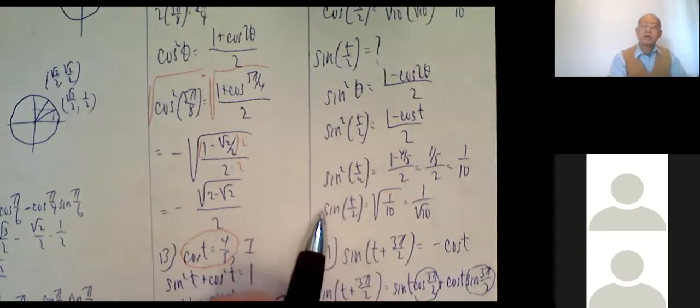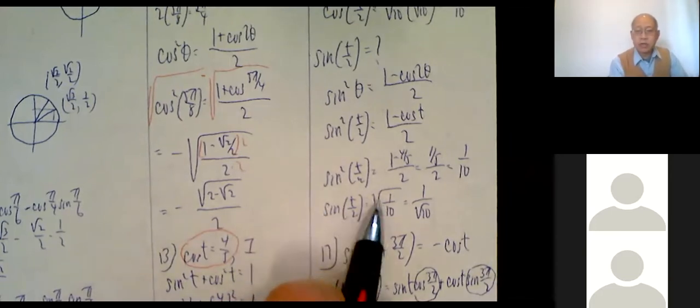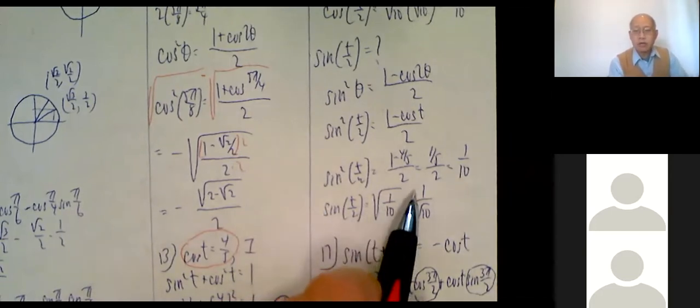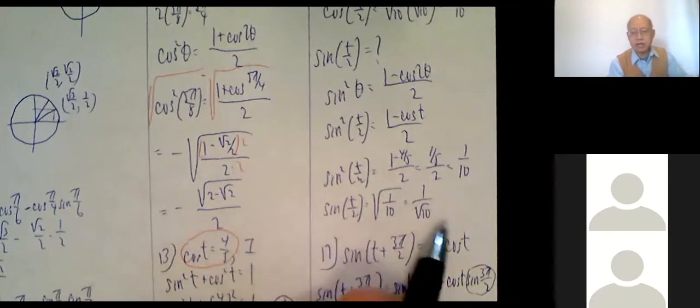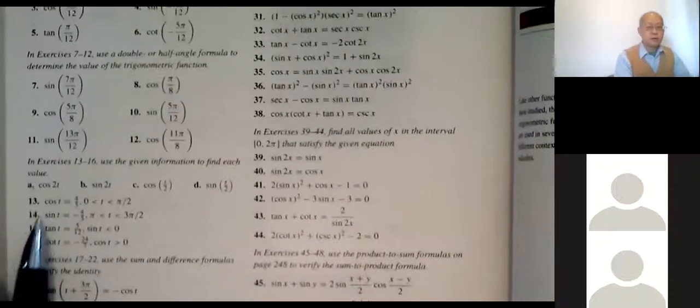So take the square root. I already established that I'm in the first quadrant, so I don't need plus or minus. So sine of t over 2 is the square root of 1/10, or 1 over radical 10. You can leave it like that, or rationalize the denominator by multiplying by radical 10 over radical 10. That's the idea behind that one. So that's how you do 13.